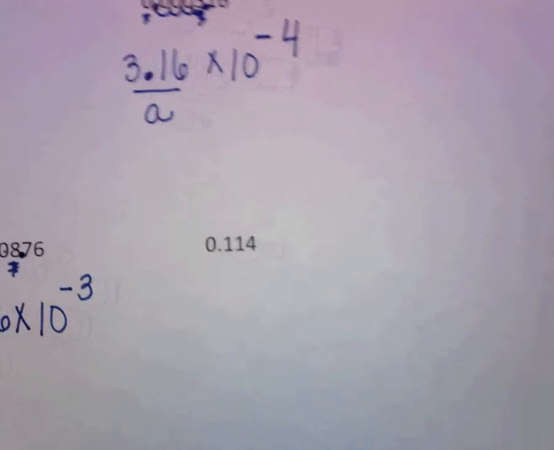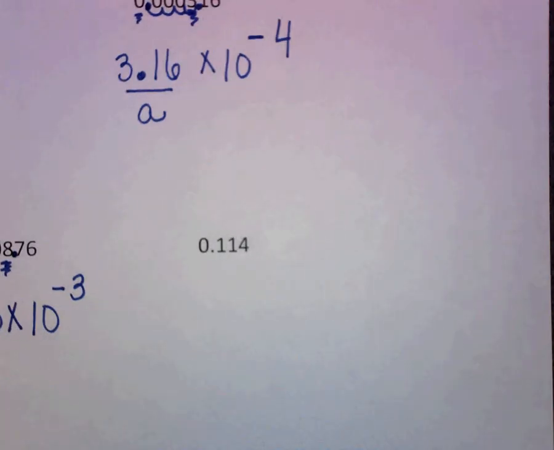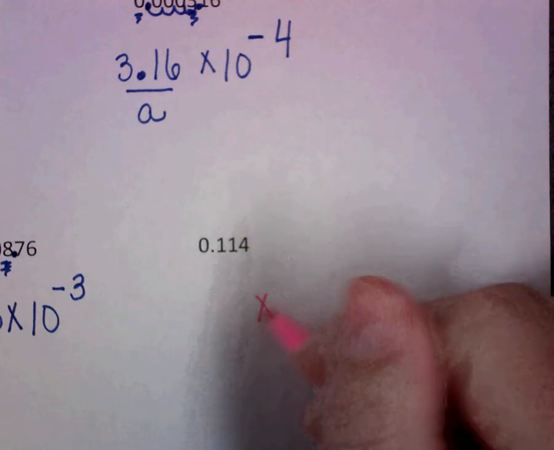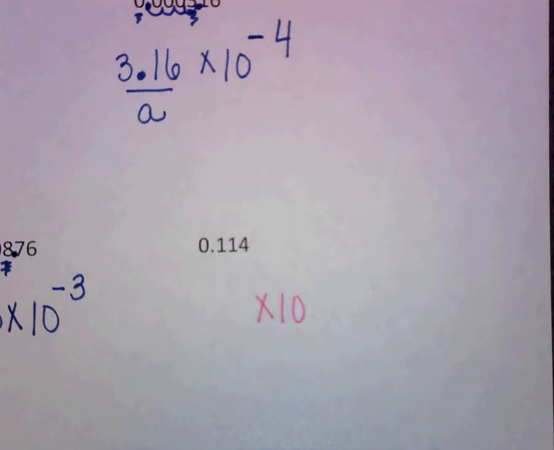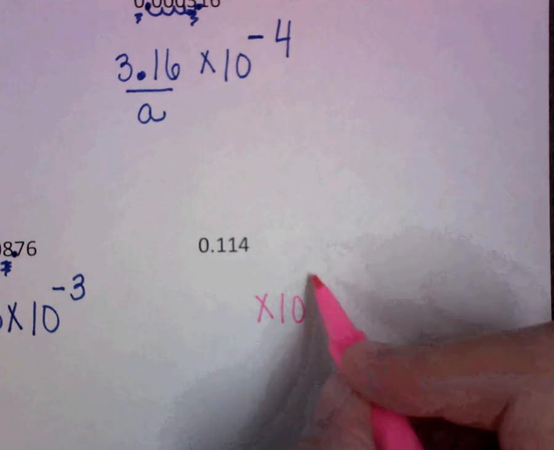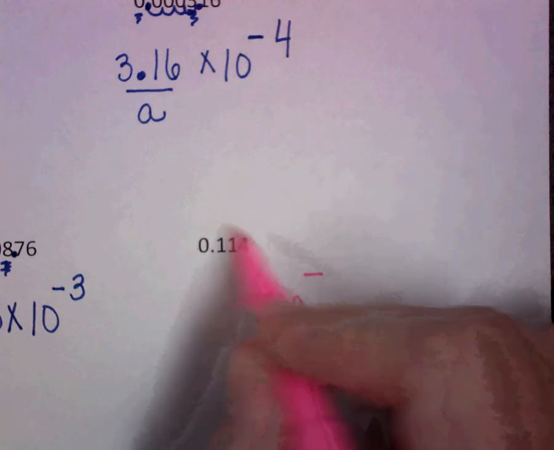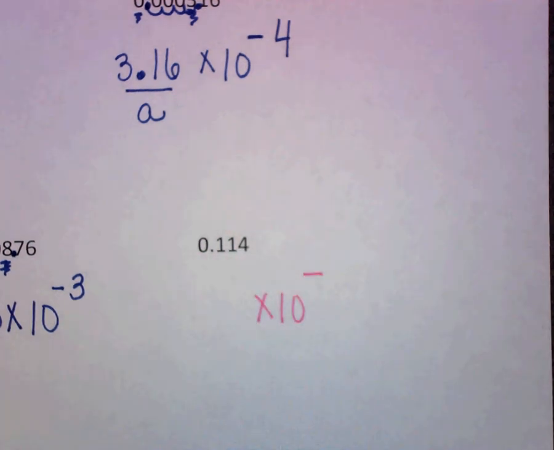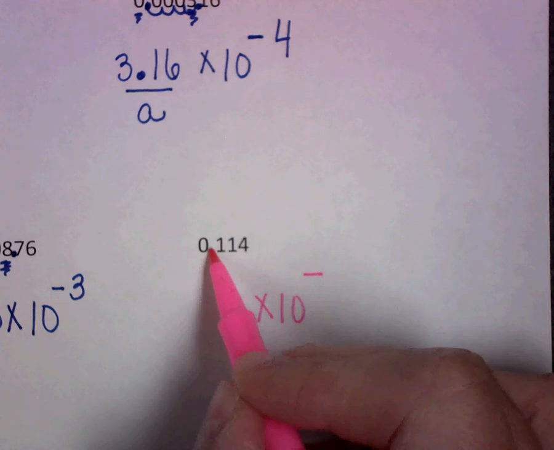Okay, one more. Remember, it's always times 10. Do I do a positive exponent or a negative exponent? I hope you said negative, because this is a decimal. There's no whole number. Where would I move this decimal to?